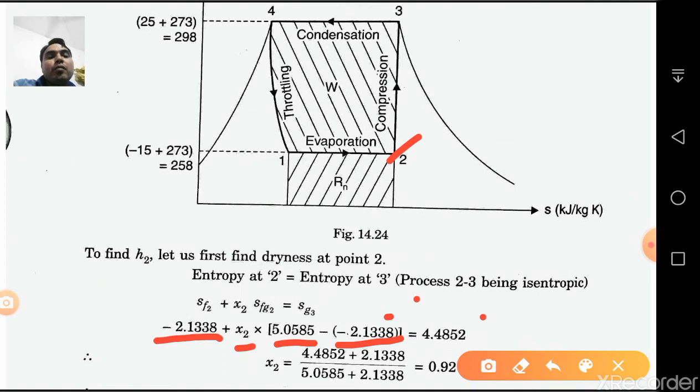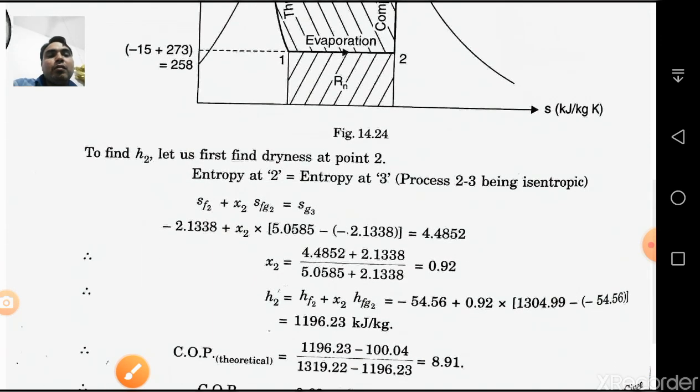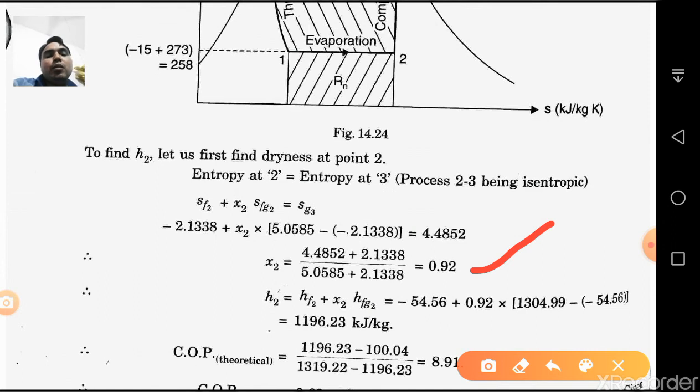Further calculating, the value of x2 is 0.92. So H2 equals HF2 plus X2 multiplied by HFG2.